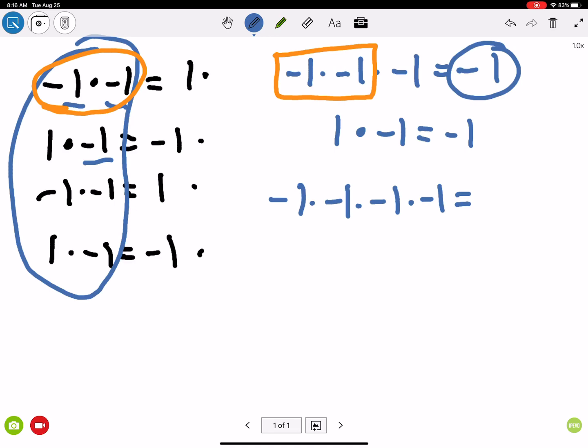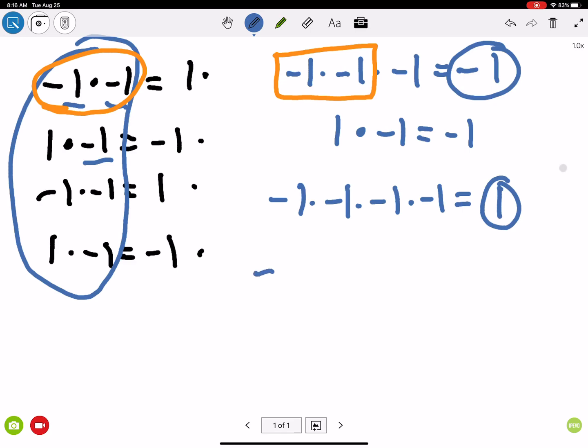What does that give me? Well, what's -1 times -1? We just solved that. It was +1, right? And then +1 times -1 gave me -1. And then -1 times -1 gives me +1. So here there are 4 -1s, and it gave me a +1.